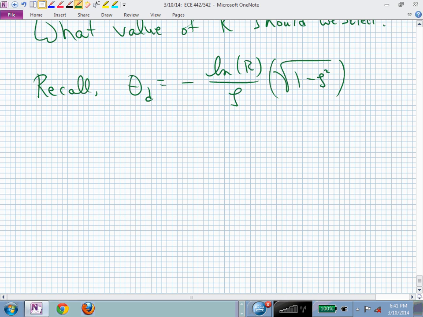Meaning, from this one equation, we can now say theta sub d is minus ln of r times the square root of 1 minus zeta squared over zeta.